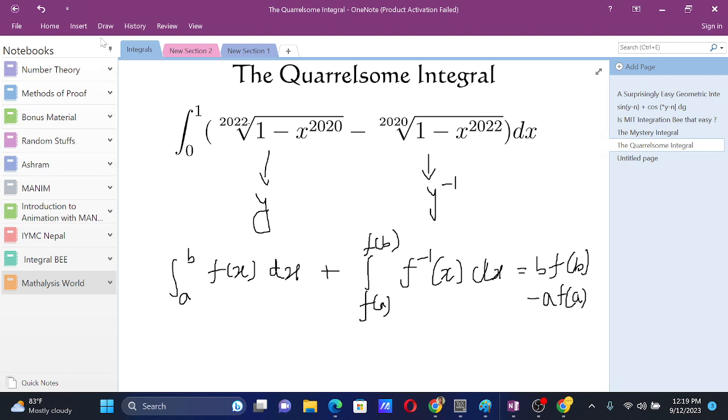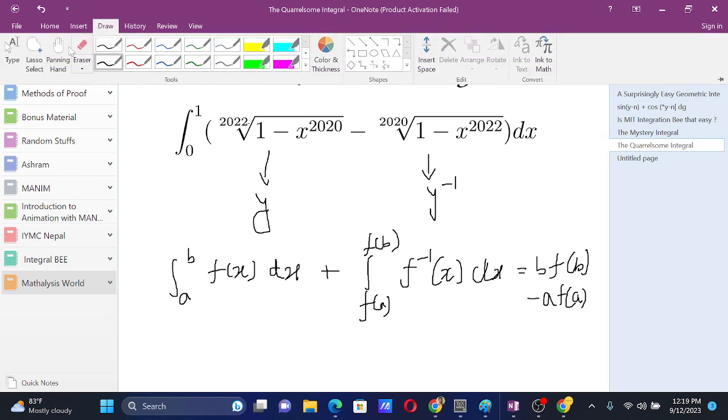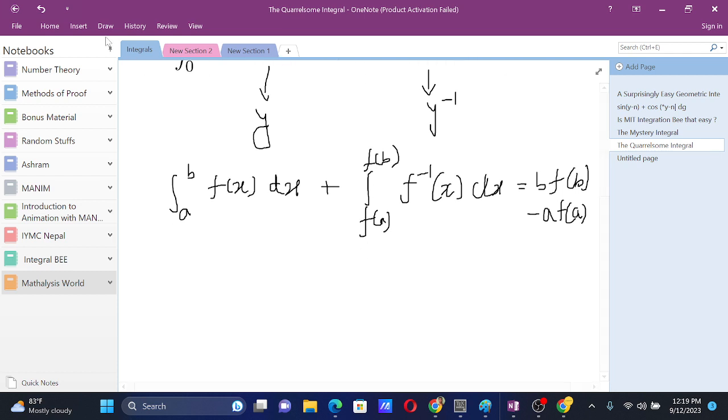To see why this result holds, the visual interpretation can be a great help. Now let's see why this happens.